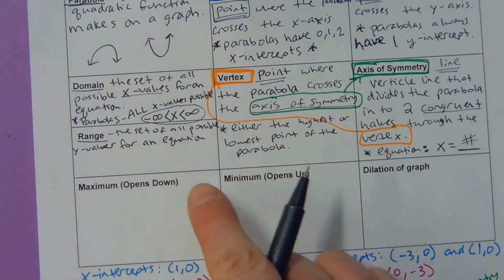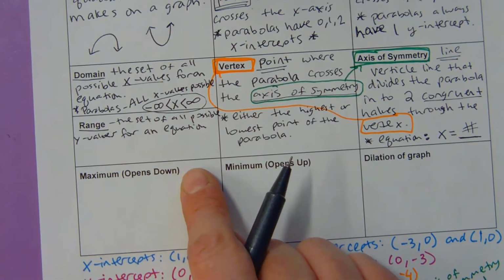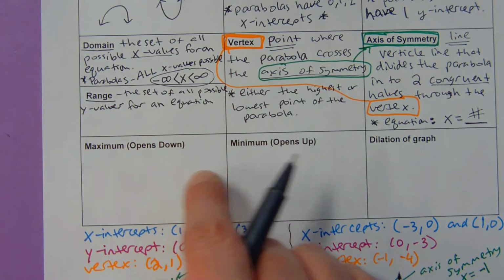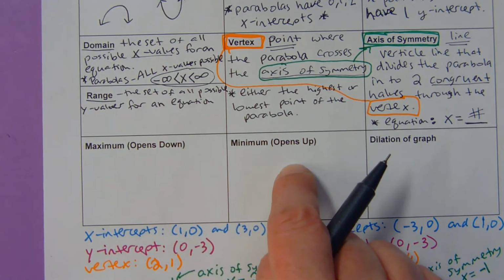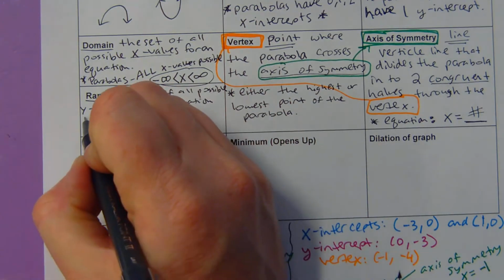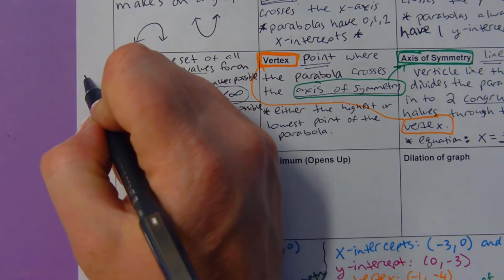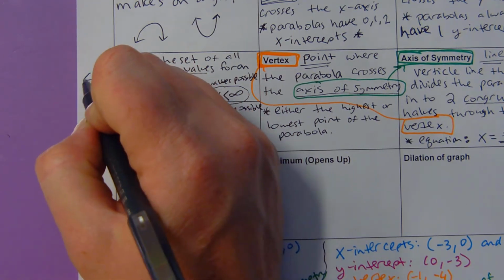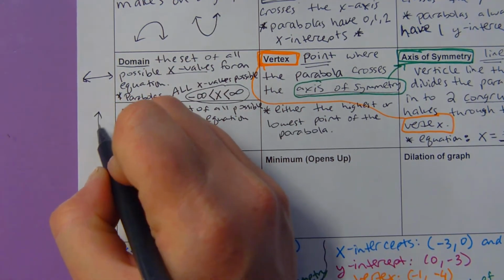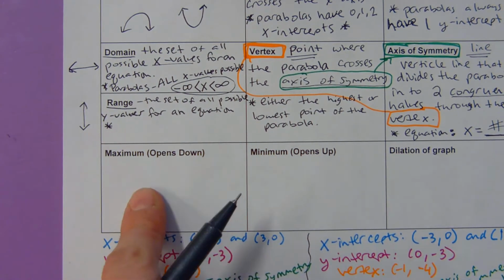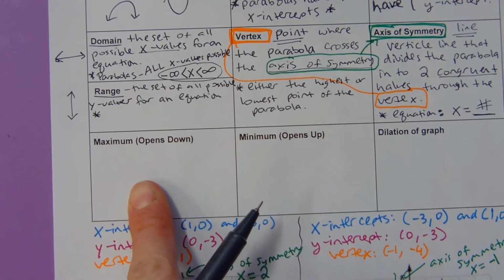Equation, function, same idea. And so the range, however, is connected to your maximum and minimum, which we will talk about in a second. And so the range will change. So again, domain are all of your x's this direction, and the range are all of your y's this direction. And that has to do with your minimum and maximum, which we will talk about in a minute.